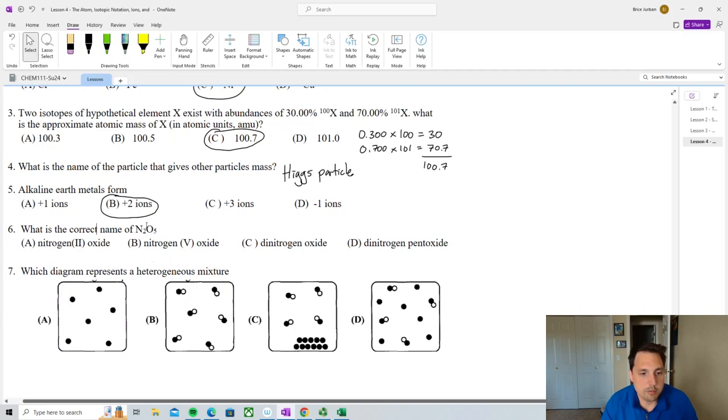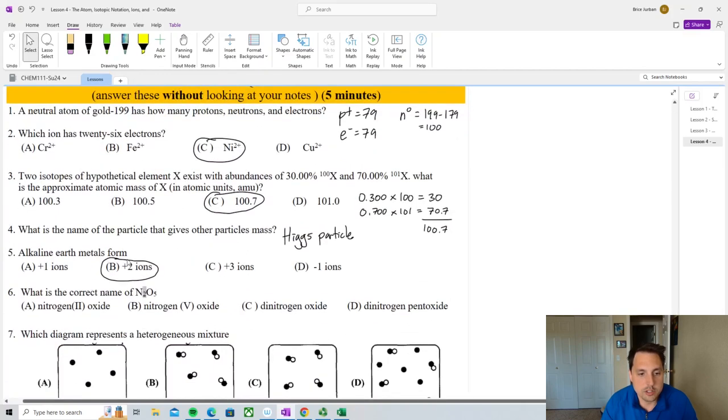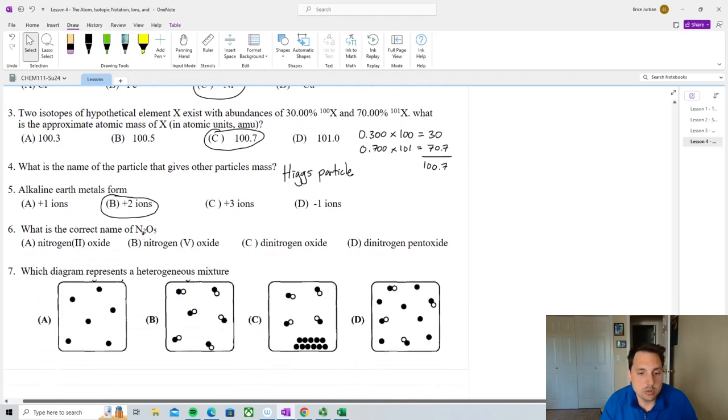The correct name for N2O5: well, we need to know what our prefixes are, and that we are using this set of rules because we have nitrogen and oxygen, which are both nonmetals. So N2 is dinitrogen, and then 5 is penta, so it's dinitrogen pentoxide.